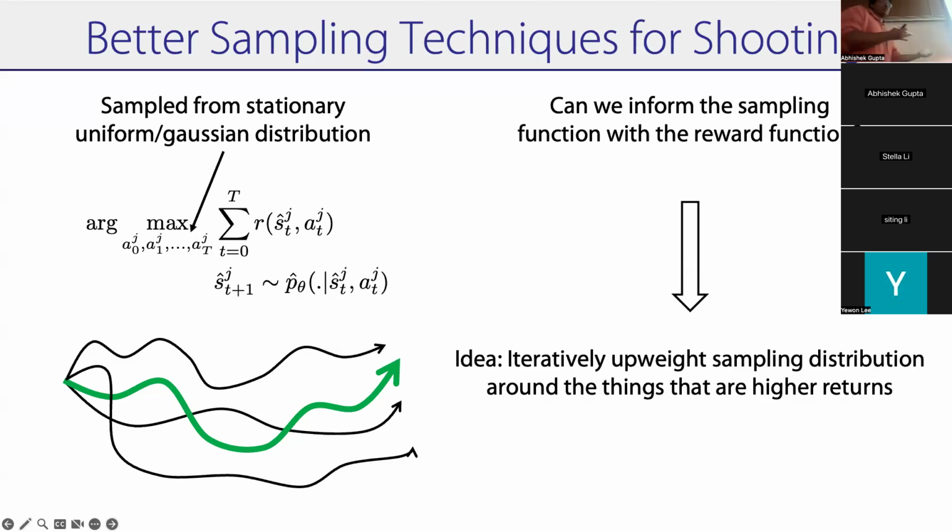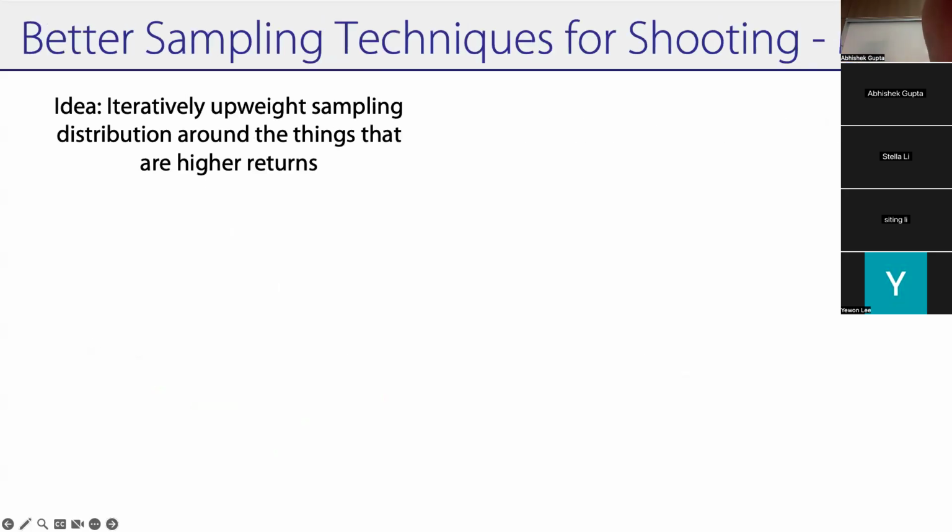It's the same logic we use in policy gradient, right? We take things that have higher return and upweight them, and things that have lower returns and downweight them. That's all MPPI is really going to be: upweight our sampling distribution around high-return things and downweight it around low-return things.